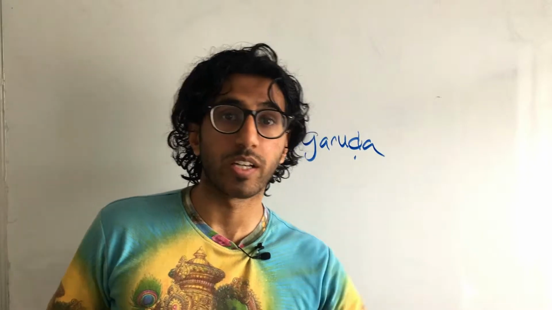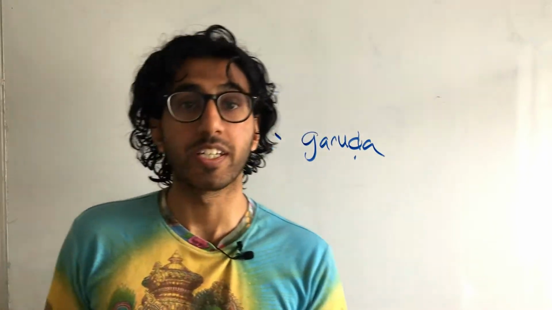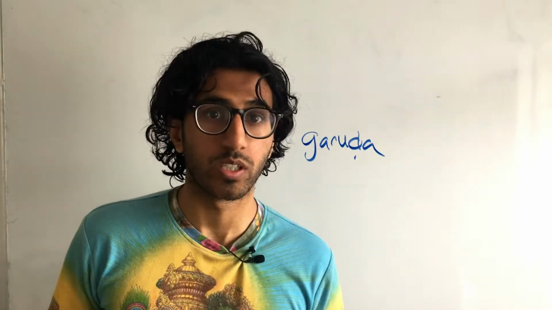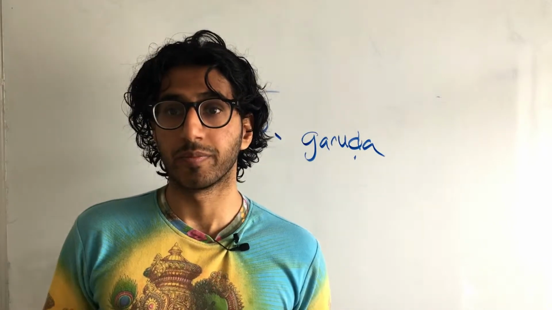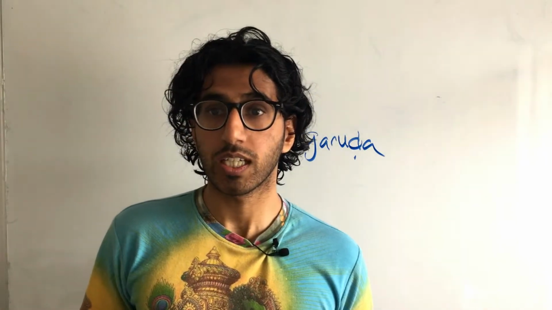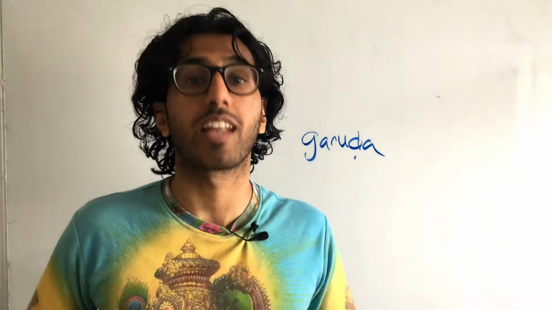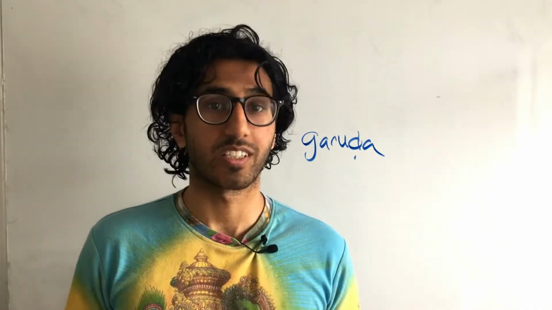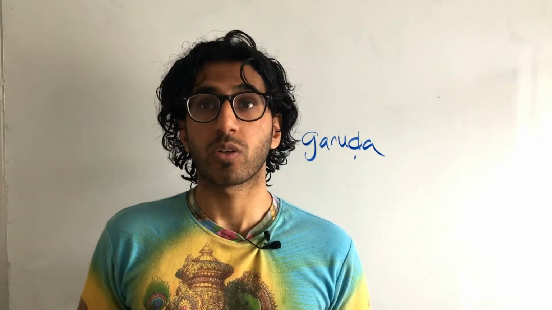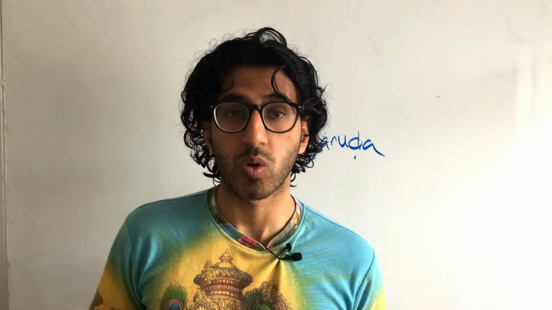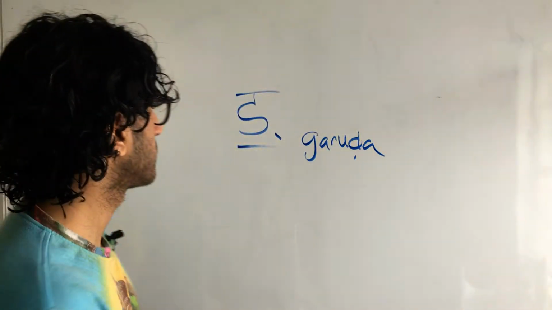He's helpful to Vishnu and the different deities in Hindu thought, and he's a bird-like deity. It's interesting, he's an amazing character. So Garuda, and da is the sound here.